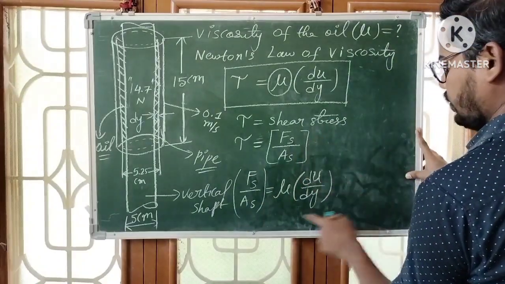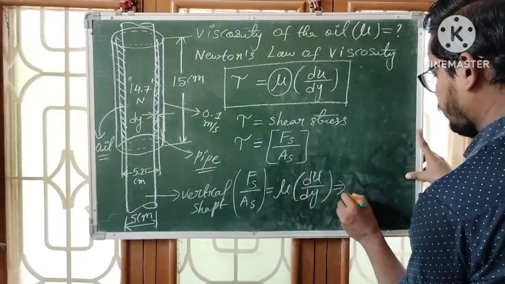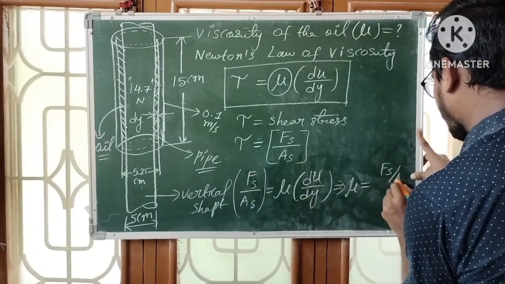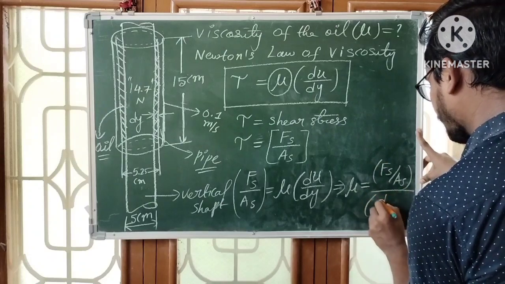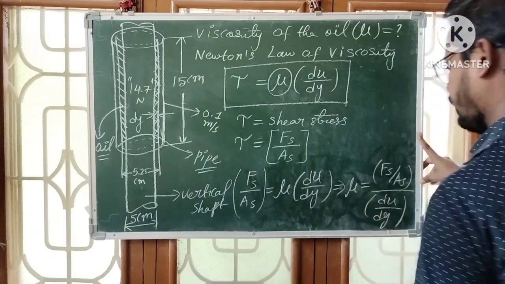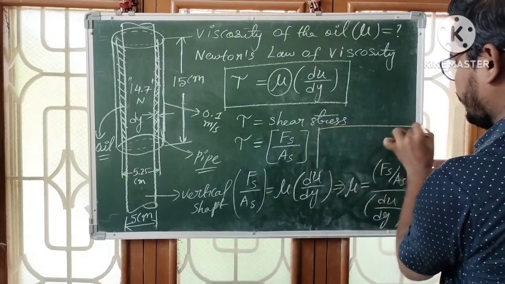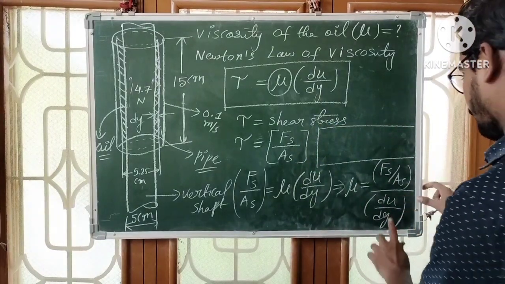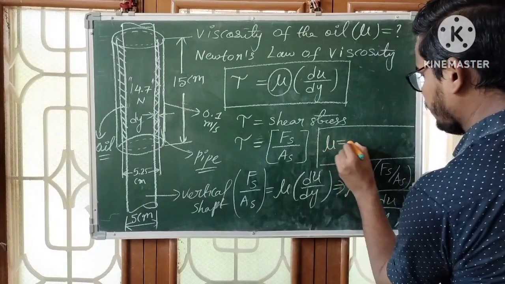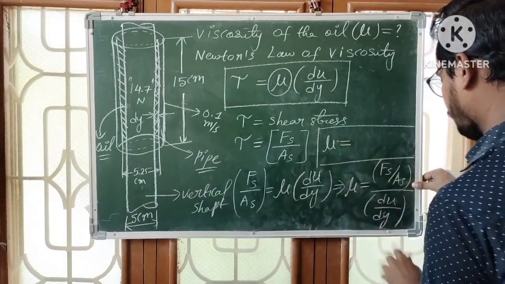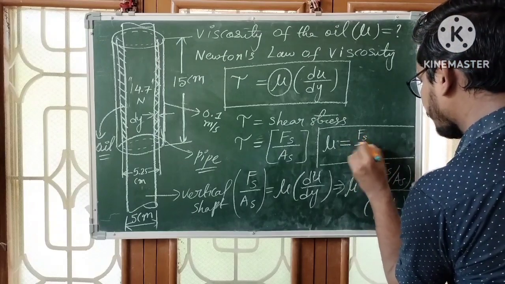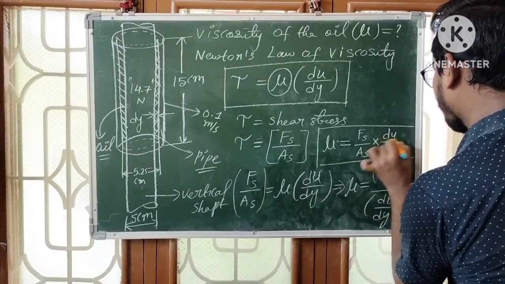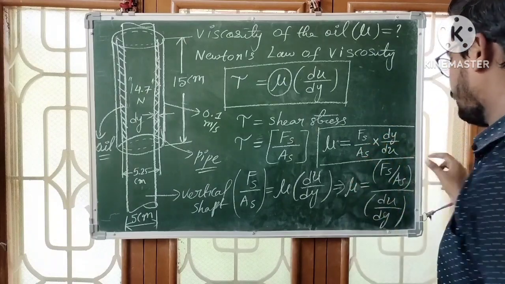Now mu is equal to what? From this formula, mu is equal to, transposing du by dy, Fs by As divided by du by dy. So take the reciprocal of du by dy. Then mu, the viscosity of oil, is equal to Fs by As into the reciprocal of du by dy, that is dy by du.